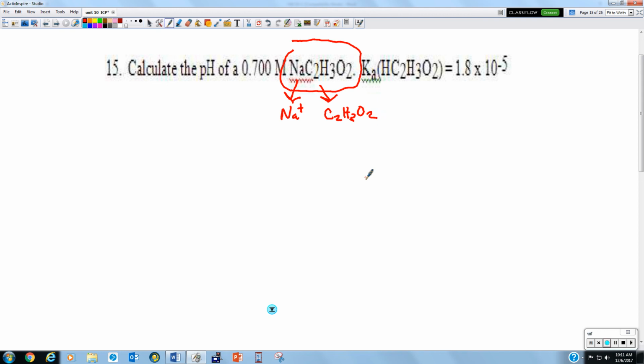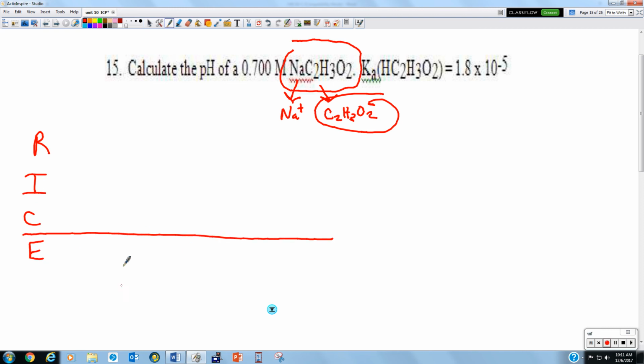Which one of these ions is coming from the weak parent? The carbon-based one. That's the one that's going to be important. So we're going to set up our RICE table. So the acetate will be the important ion here.